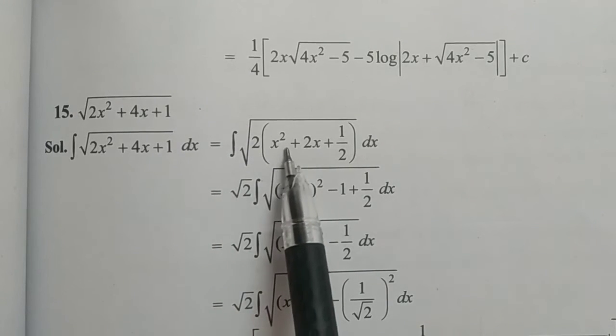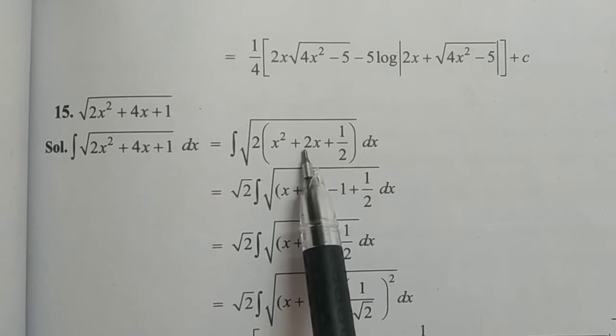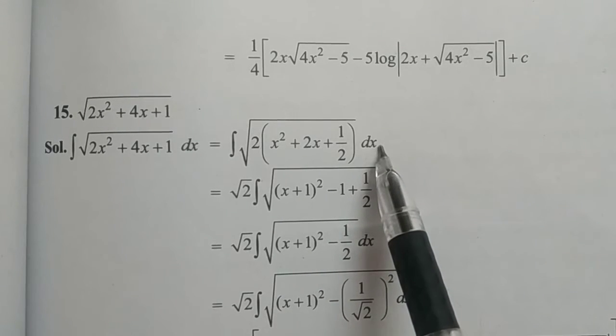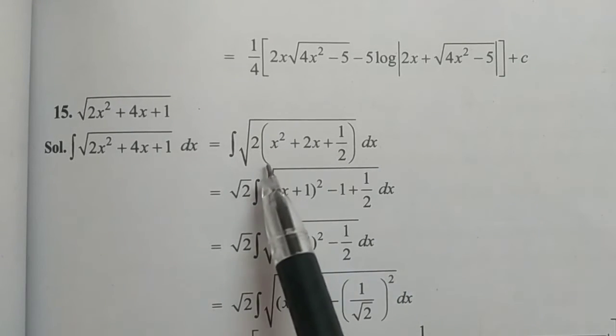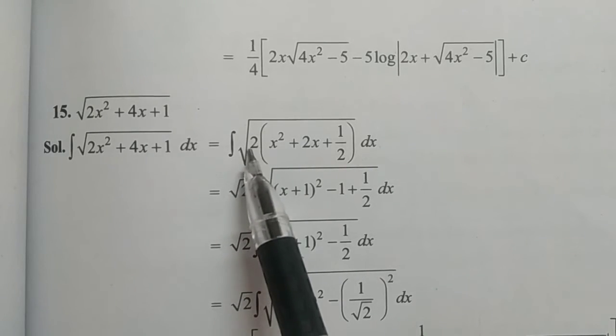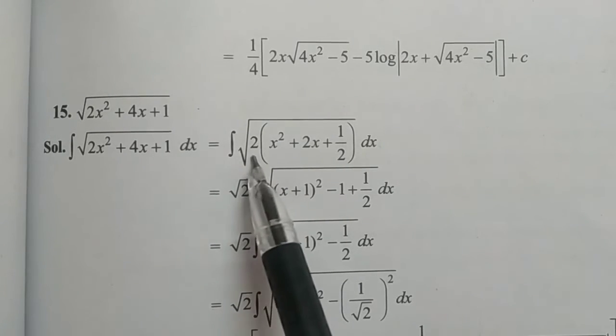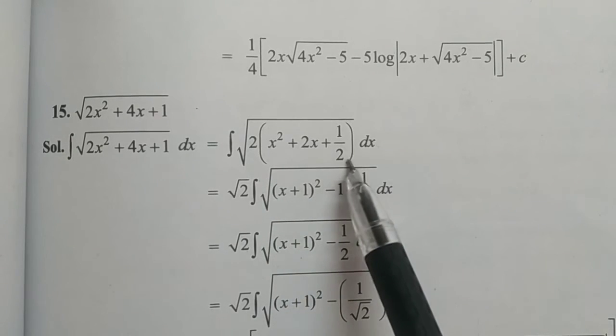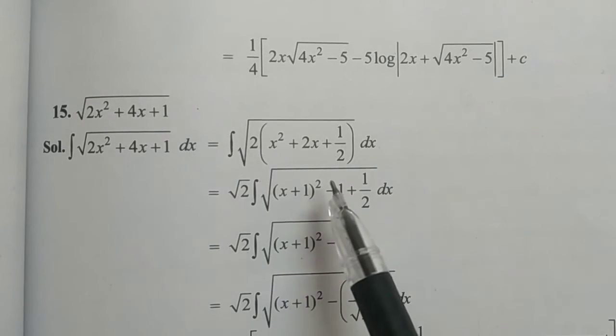So the remaining term is x square plus 2x plus 1 by 2 into dx. So square root of 2 is root 2. Integral of square root of, what is the remaining term? Square root of x square plus 2x plus 1 by 2 into dx.